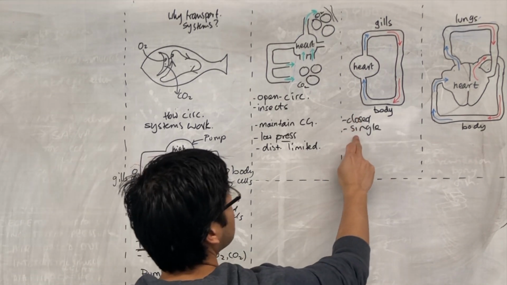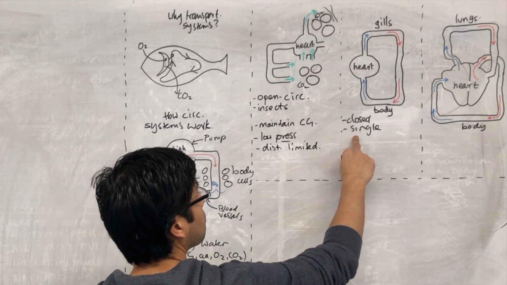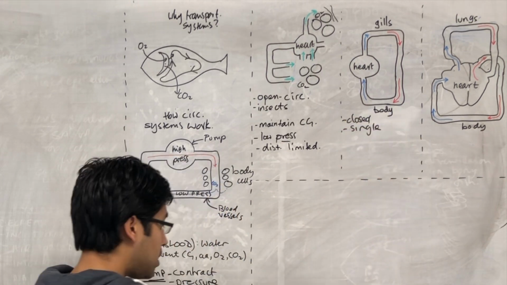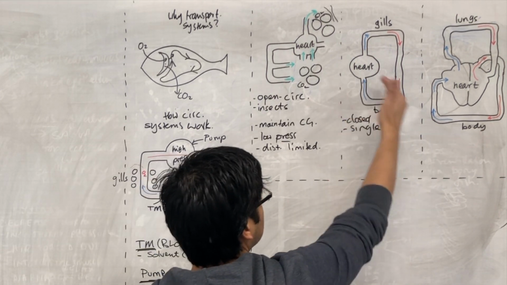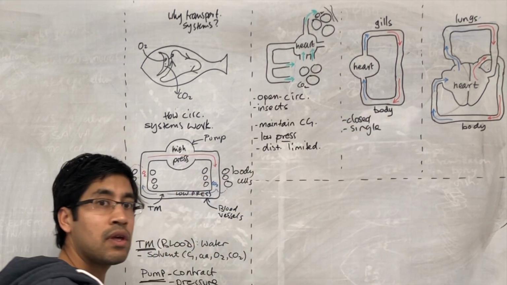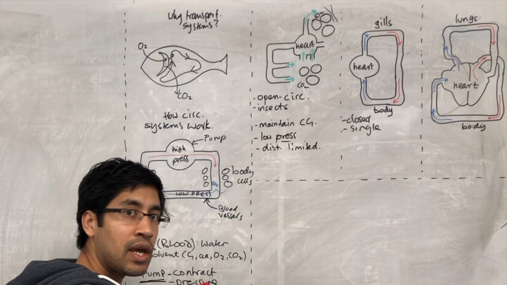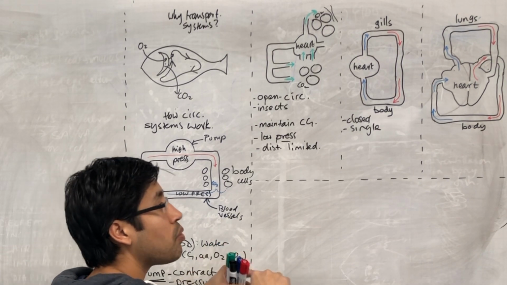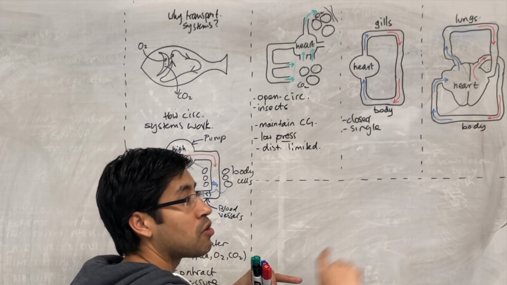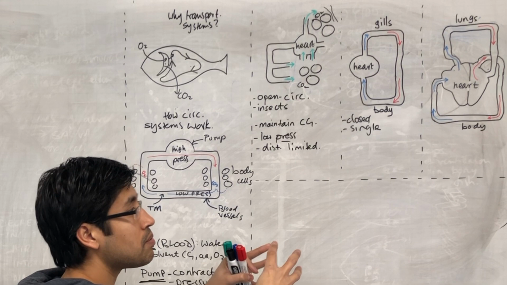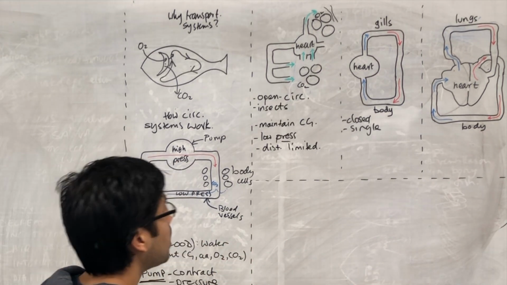Okay, so it's closed and it's a single circulatory system. So the advantage, it's great now because now we have a closed blood vessel system, and so the pressure that we can get on the fluid is higher, and so we can move fluid greater distances, and so the organisms can be larger.